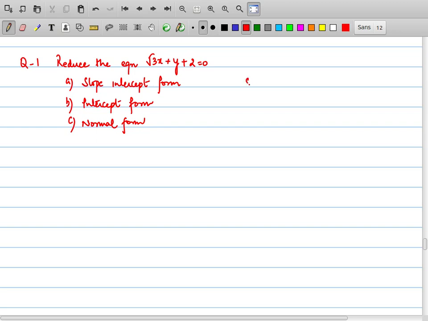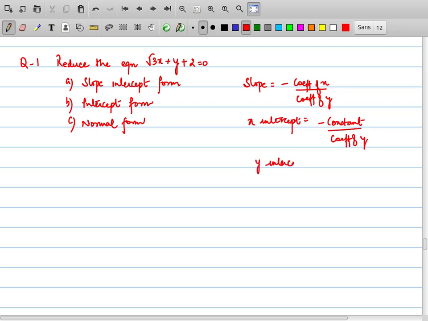We had learned that slope can be found out by finding minus coefficient of x upon coefficient of y. The x-intercept can be found out by minus constant upon coefficient of x, and y-intercept was minus constant upon coefficient of y.